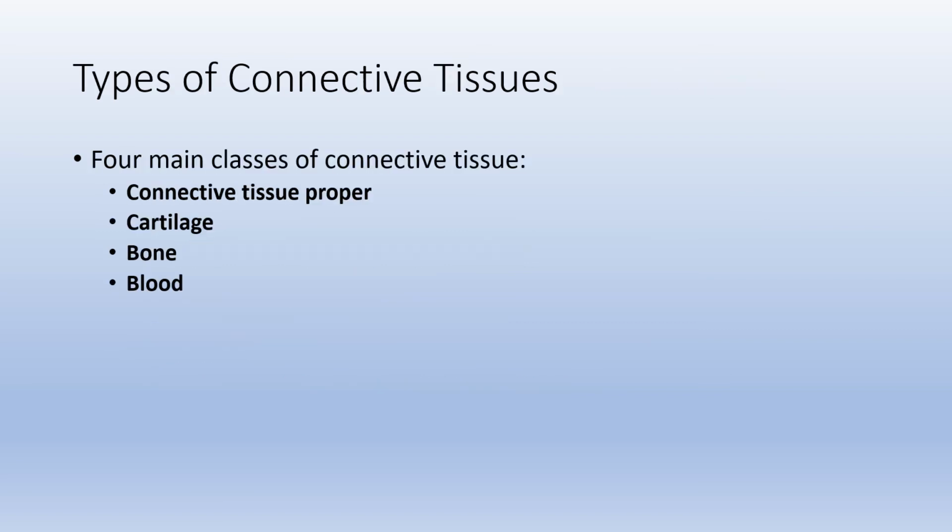Again, we have four main classes of connective tissue listed on the screen: connective tissue proper, cartilage, bone, and blood. The next chunk of this lecture, we will go through each class. We will talk about its elements. We'll talk about their cells, their fibers, as well as their functions and where they are found throughout the body.